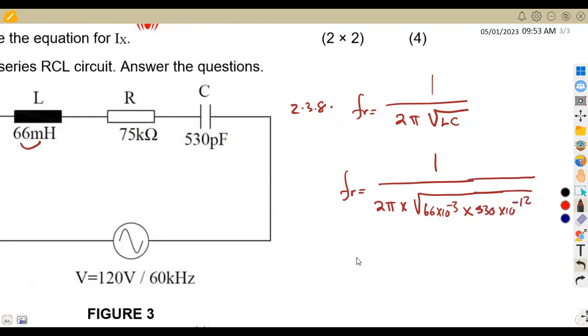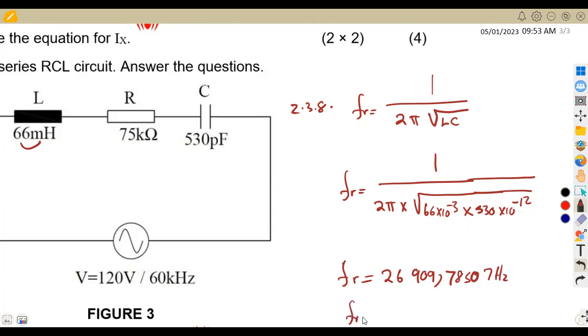This is what we are going to have as our resonant frequency, which is measured in hertz in this case. This is going to give us 26,909.785 in hertz, like that.